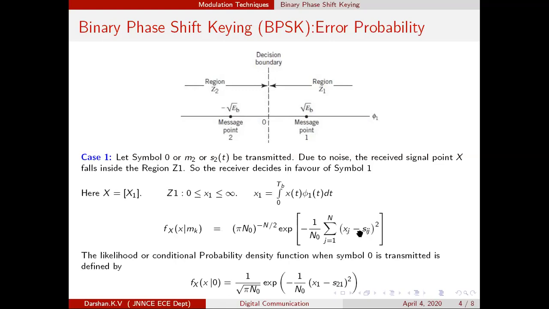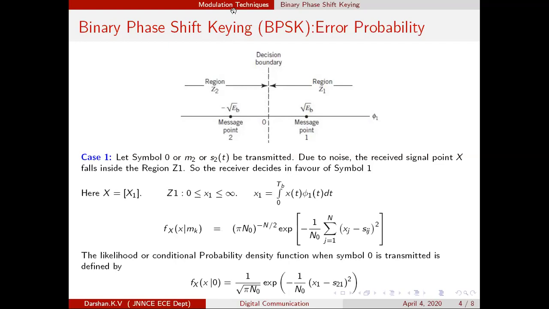So xj minus sij: how many elements, those many terms would be there. Here only one term I have written because you are having only one element. So 1 divided by root of pi n naught, exponential power minus 1 by n naught, x1 minus s21 whole square.